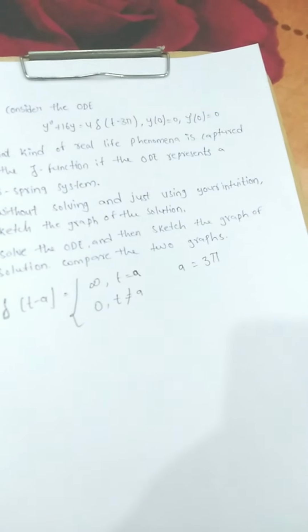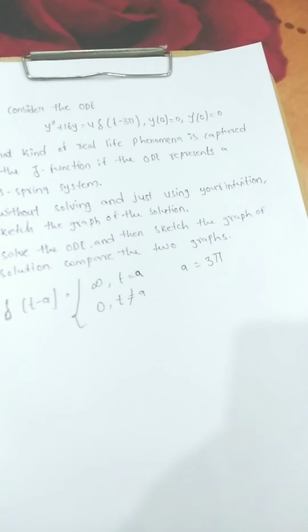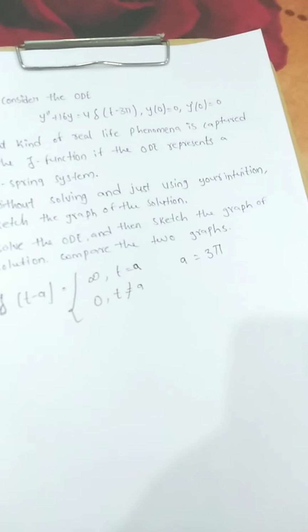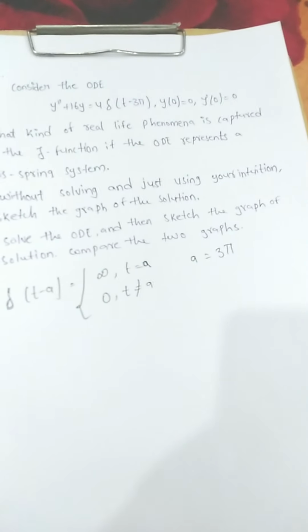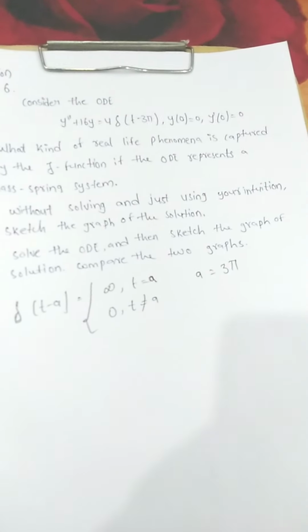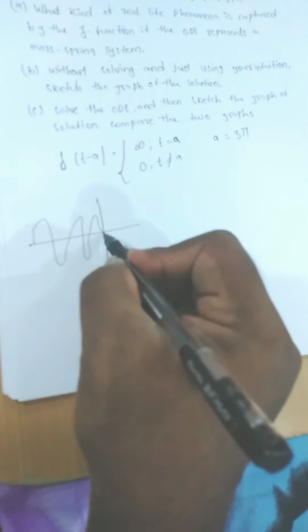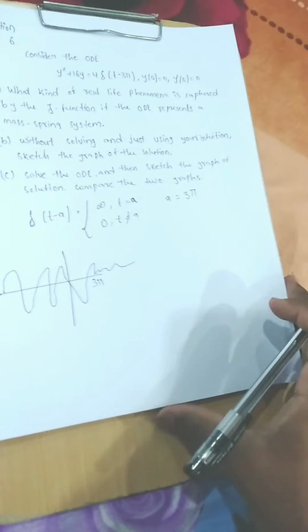For example, the graph before 3π may be constant or varying, and it may change its period or shape or anything after 3π. So it may be sinusoidal, and then after 3π it could change its period, shape, anything.